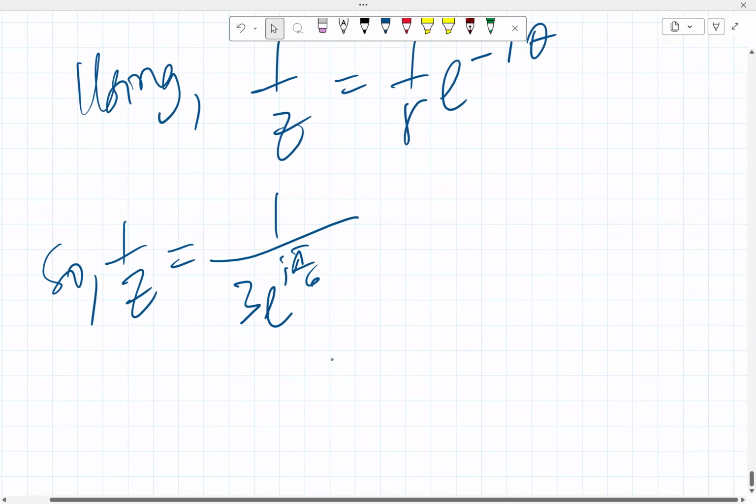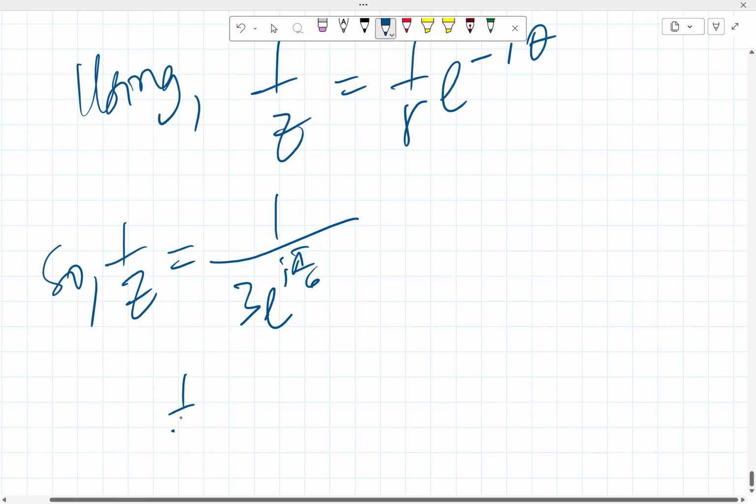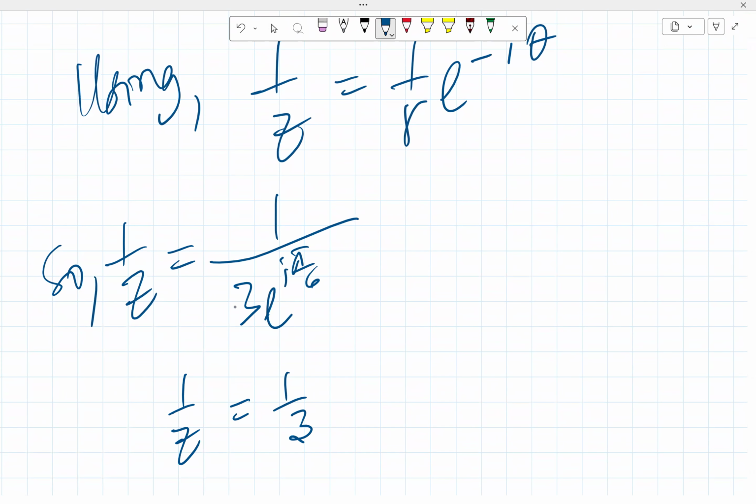So if that is the case, that means 1 over z now is equal to 1 over 3, carving that out, then e raised by minus i pi over 6.